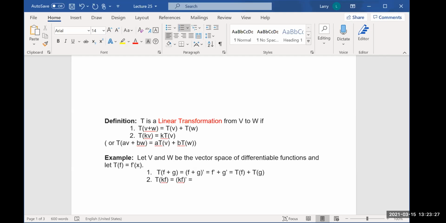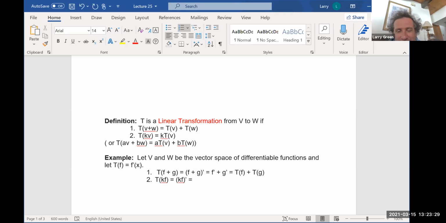Yeah, you can pull out the constant. You can move it outside the parenthesis. That's k times f prime. But that is k times T of f. So there's the proof that the derivative is a linear transformation.